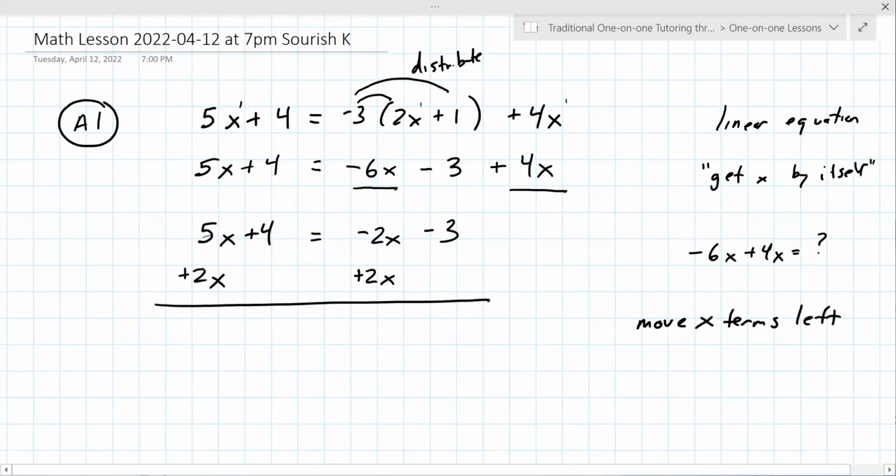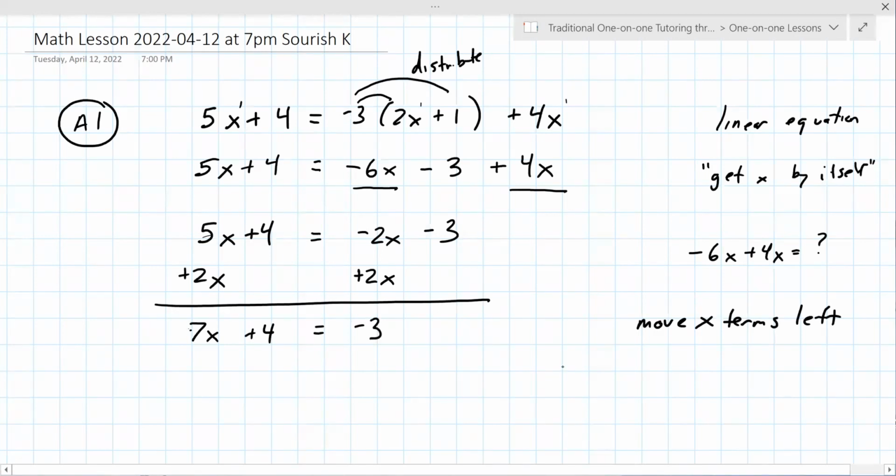Can you tell me that? 5x plus 2x is 7x. 7x plus 4 equals -3.